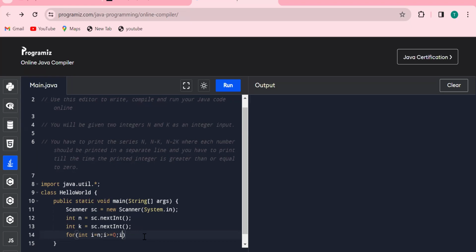And each time i should be subtracted by k. So i is nothing but n, so i minus equal to k. Each time it should be subtracted.